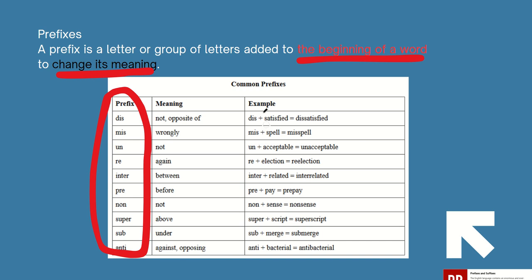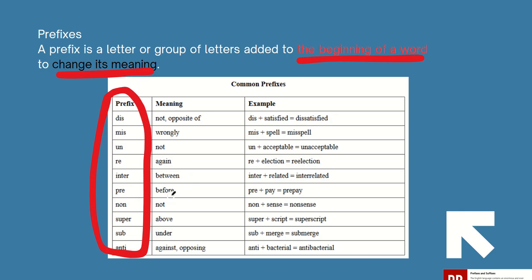So there are groups of prefixes in terms of meaning, like un, mis, dis, which show opposite. Re means again. Inter means between, like international.